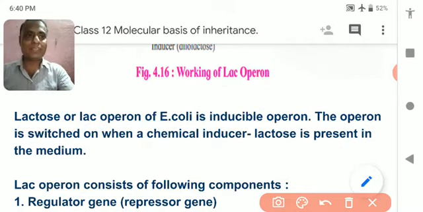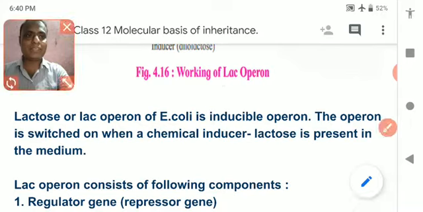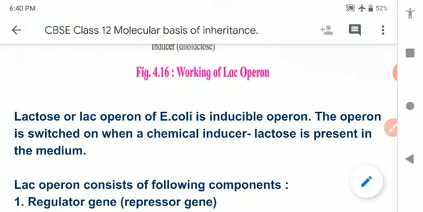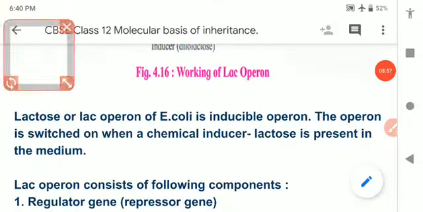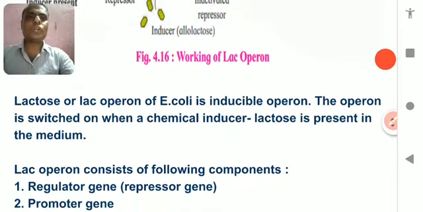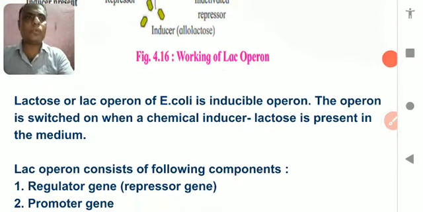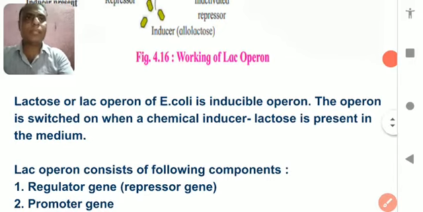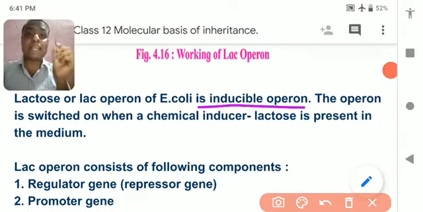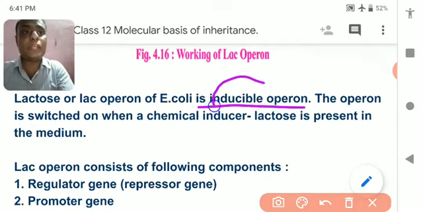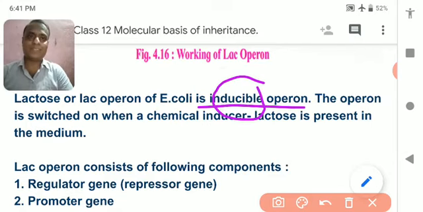Let us start in detail. So what happens? First of all, see over here, the lac operon of E. coli is an inducible operon, meaning it can operate when induced by lactose.